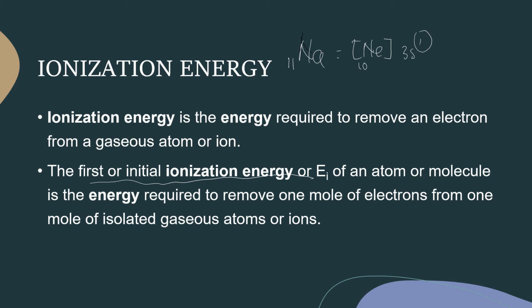We can write the equation: from neutral atom sodium, release one electron, then the sodium changes into Na+ because the one electron from the outer shell of the atom is released, this one.